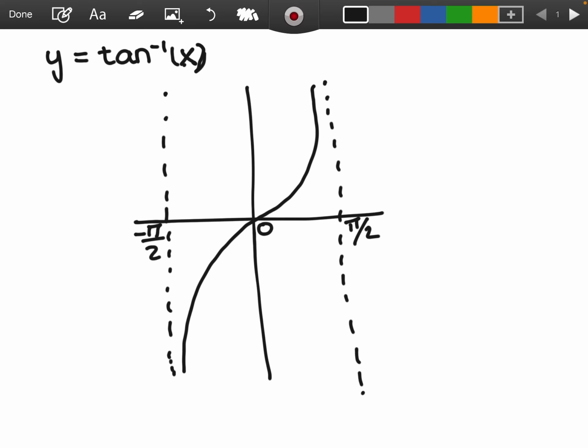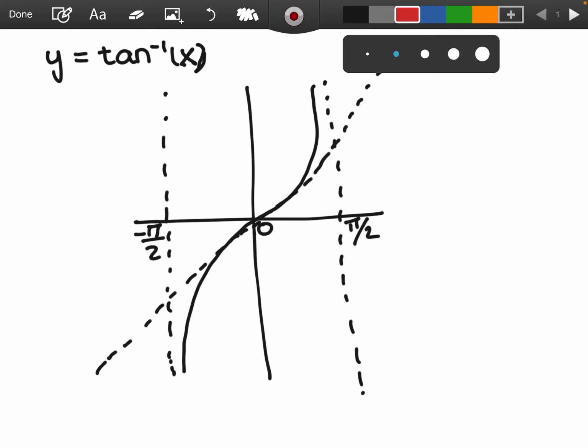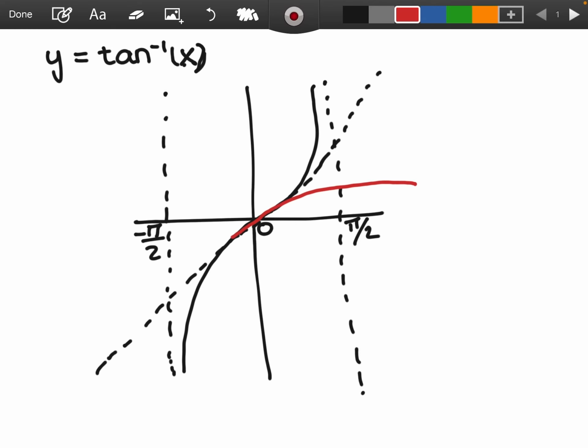If we were to draw the graph of tan inverse, again, you can dot out the line for y is equal to x, and then you can draw in what that inverse function would look like, which is something like that. Okay, so this is y is equal to tan inverse.